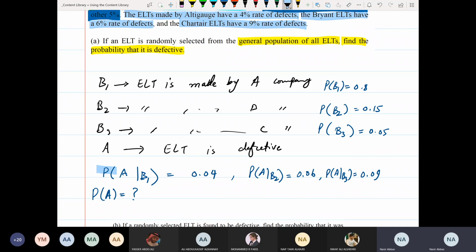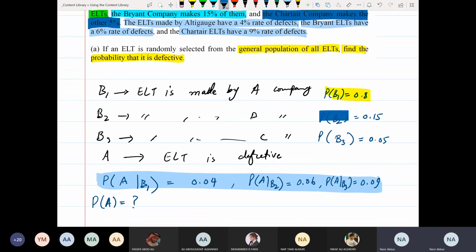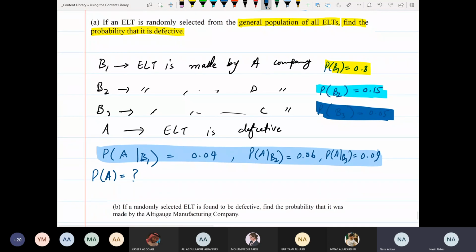Very nice. Okay, so probability of A is required.